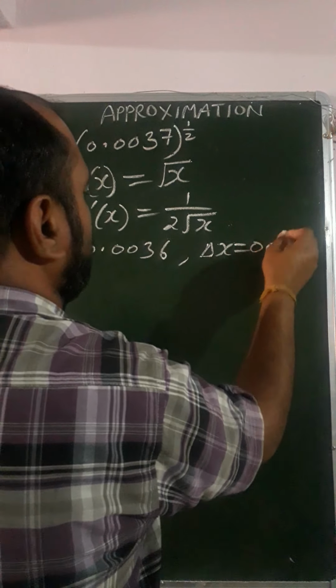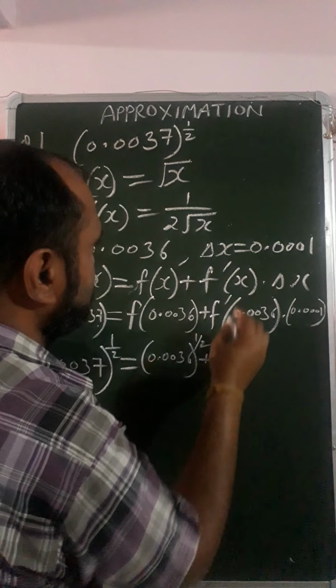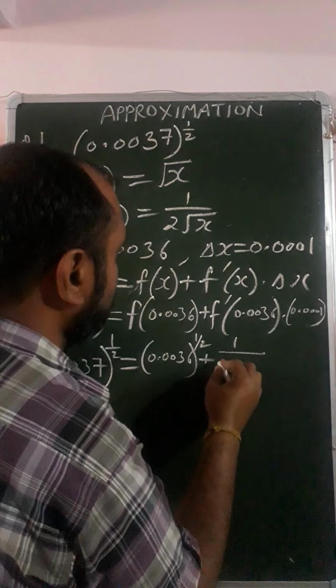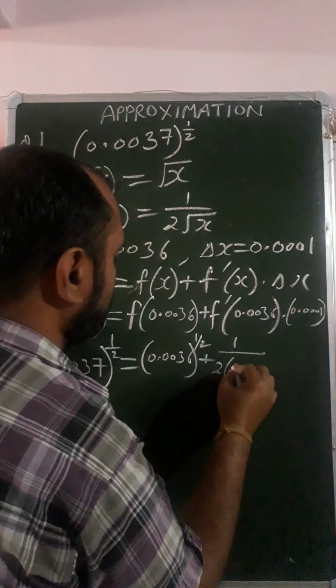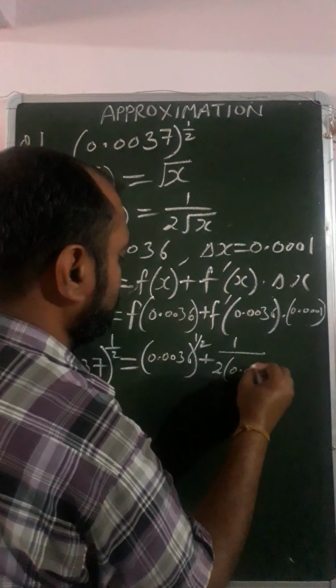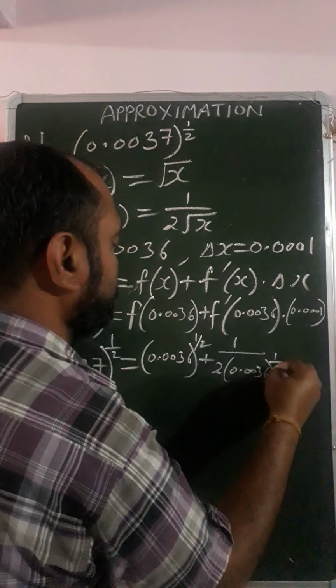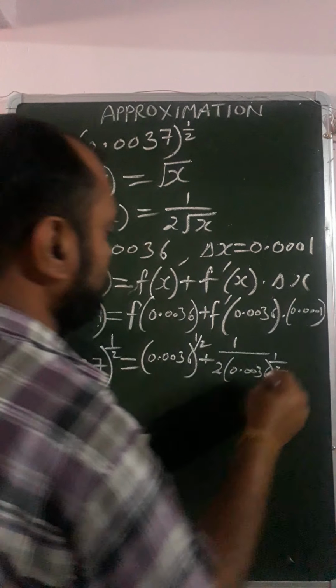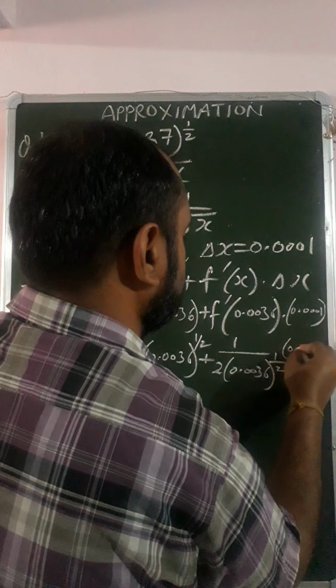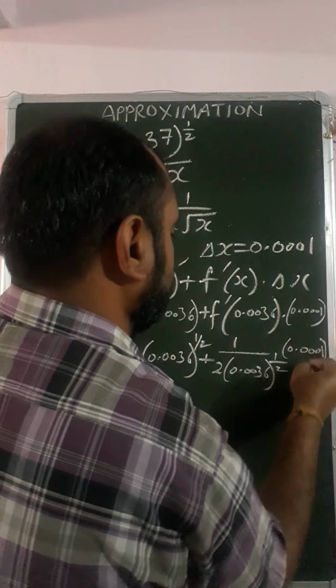Now this becomes 0.0037 raised to the power 1 by 2 and this is 0.0036 raised to the power 1 by 2, which means square root of x, and this is again 1 over 2 into 0.0036 raised to the power 1 by 2, and this is 0.0001.